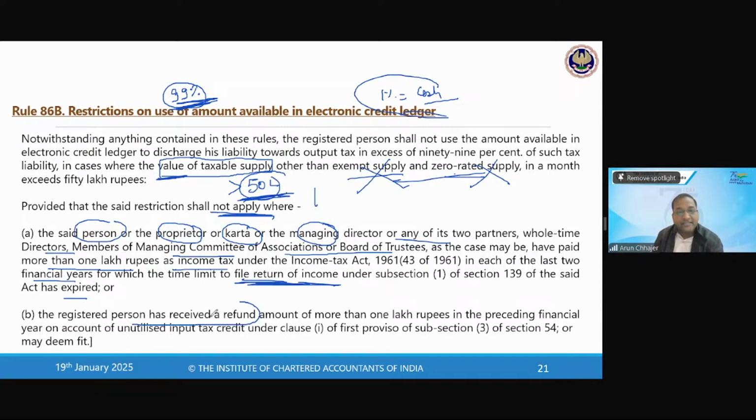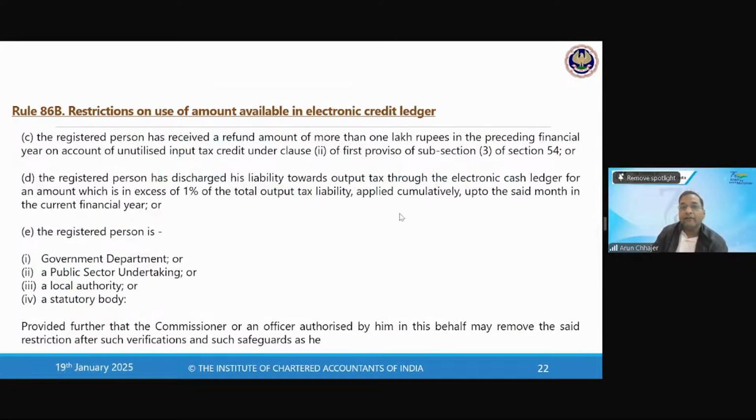Again, if you have received the refund of more than 1 lakh because of section 54, it means the refund of ITC, then also it is not applicable. Again, if you have taken the refund of cash in taxes paid in IGST, 54.3, sorry, this is 54.3.2, it is inverted duty structure. Okay, what was the last? एक बार वापस जाता हूं पीछे.